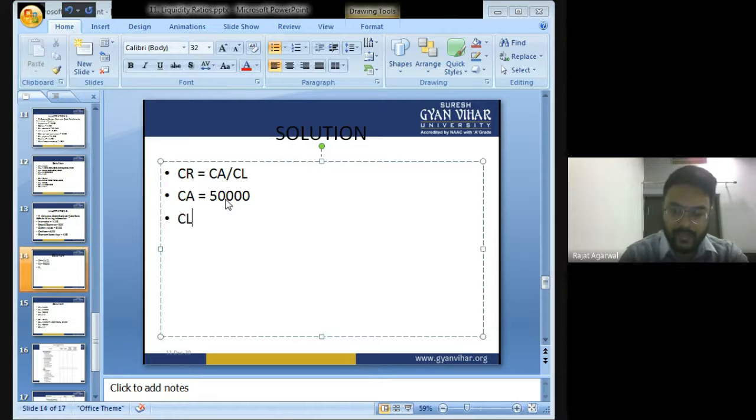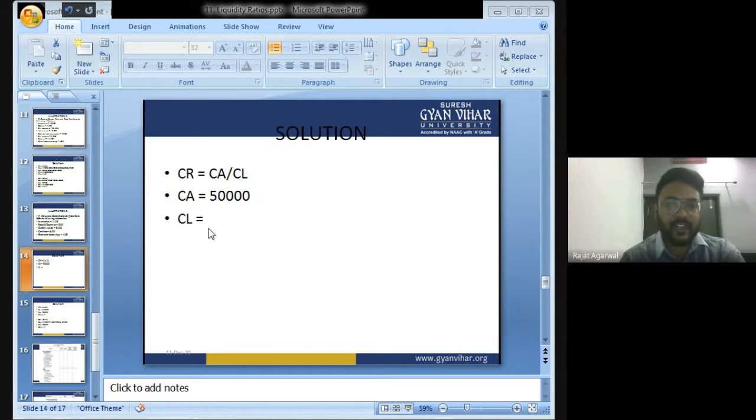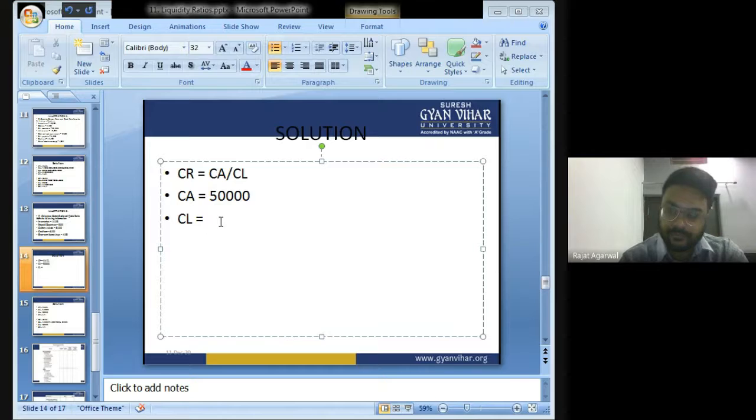Now current liability. Current liability is inventory, no sir. Prepaid expense, no sir. Current asset, no sir. Creditors 6,000 is a current liability. Short-term borrowing 4,000 is also a current liability. So चलिए, let's write creditors 6,000 plus short-term borrowing 4,000.